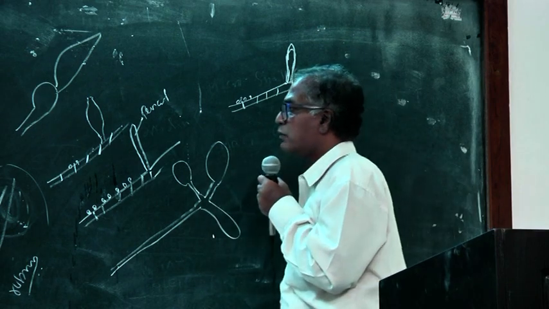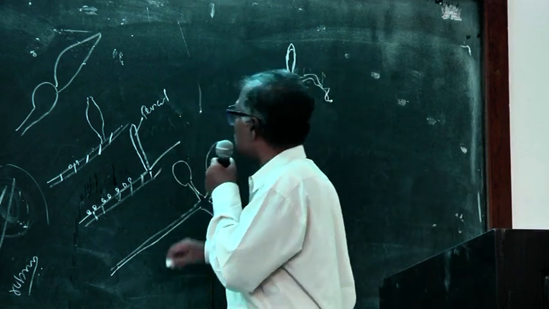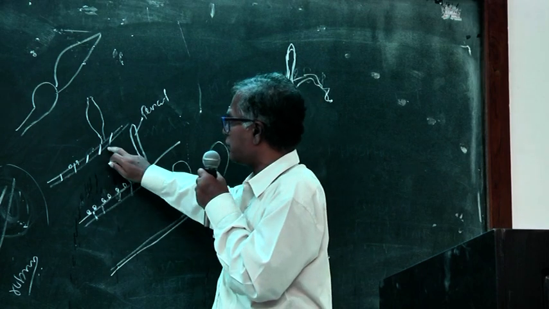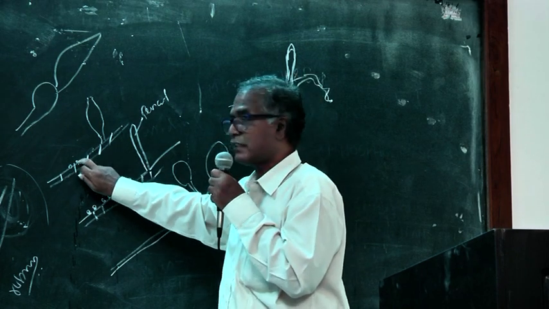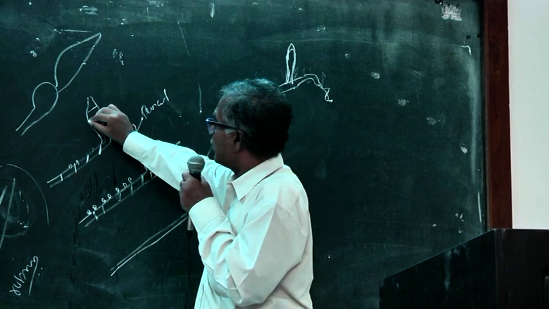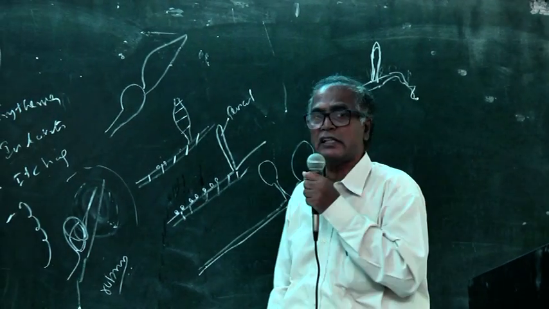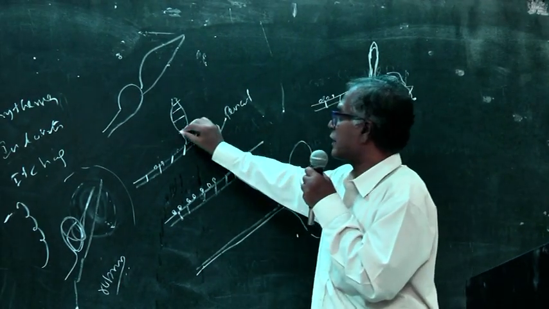Similarly, in case of Microsporum, there is septate hyphae. The microconidia are less in number, and it shows spindle-shaped macroconidia which are septate in nature.